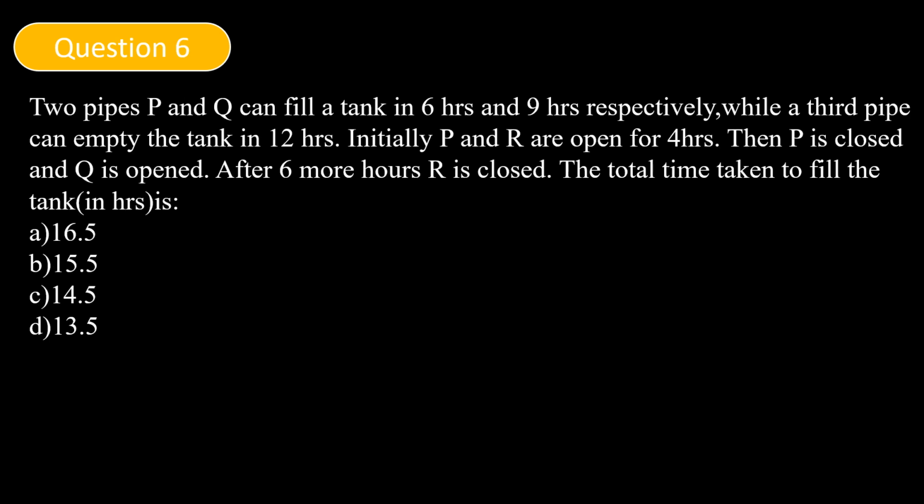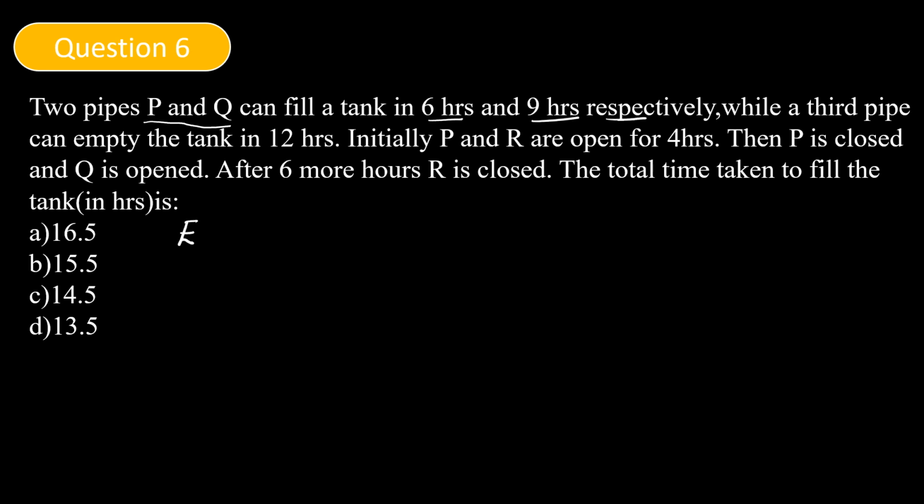Two pipes P and Q can fill a tank in 6 hours and 9 hours respectively, while a third pipe can empty the tank in 12 hours. Initially, P and R are open for 4 hours and then P is closed and Q is opened. After 6 more hours, R is closed. The total time taken to fill the tank is? It is given that P and Q can fill the tank in 6 hours and 9 hours respectively.